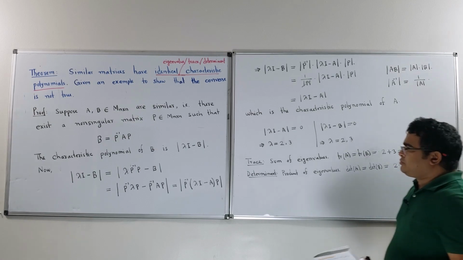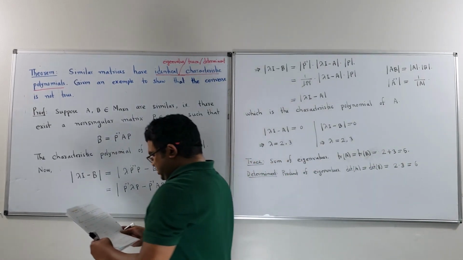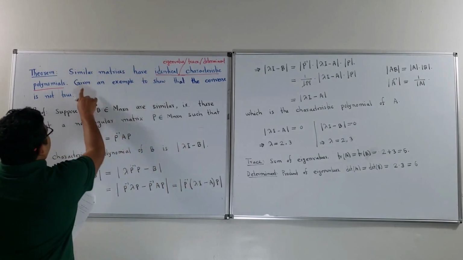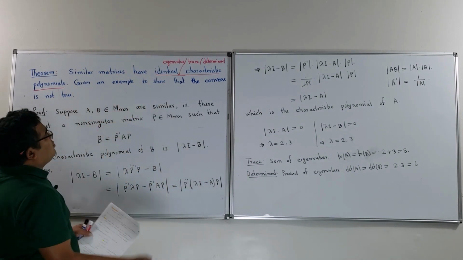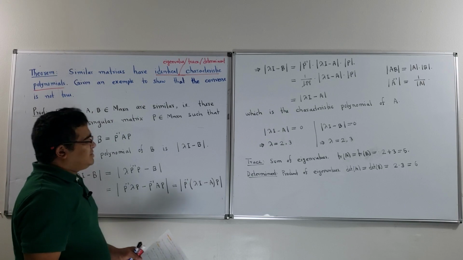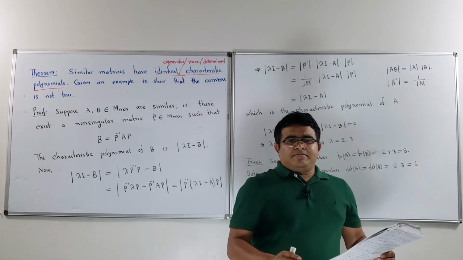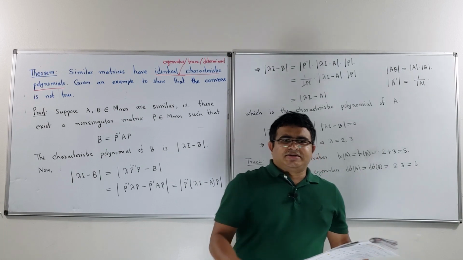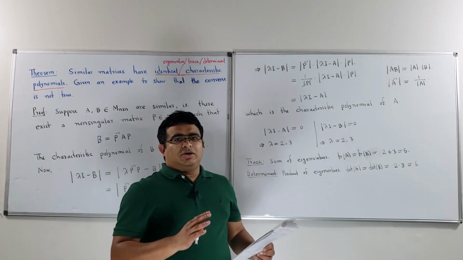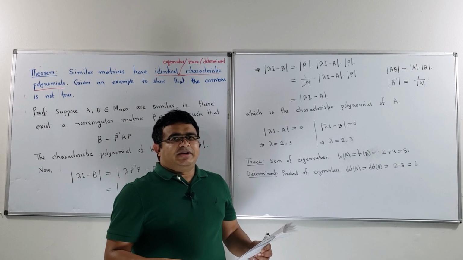Now the last part: we need to give an example to show that the converse is not true. That means even if two matrices have the same characteristic polynomial, they are not necessarily similar. We need to give an example for this.